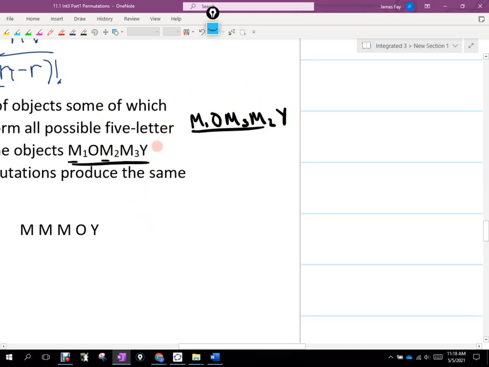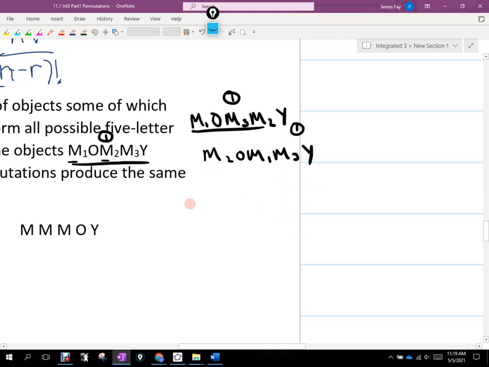So in my list or quantity at the end, this would be counted once, and this would be counted once. Does that make sense, everybody? If I gave these identifiers, these subscripts, to the letters M, for the same reason, M2, O, M1, M3, Y would get counted once.